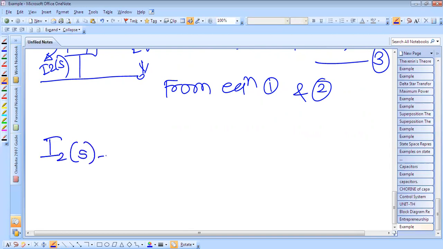I2 of S is equal to, first we'll write in the matrix form.